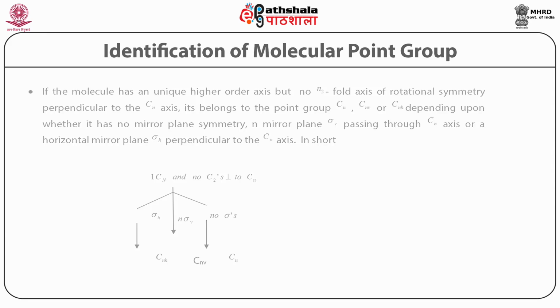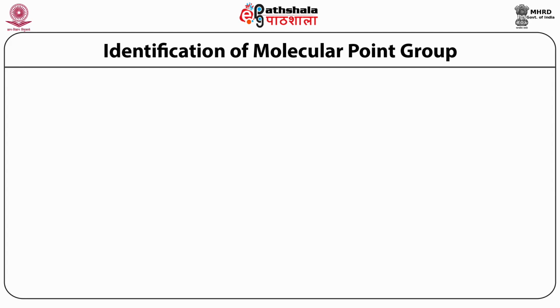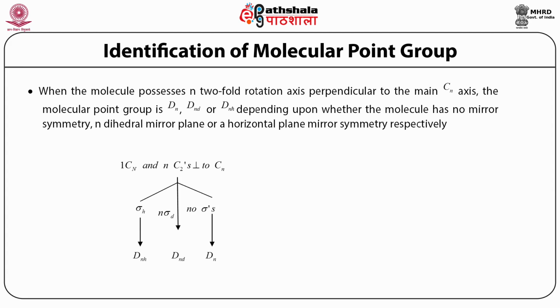Cnh. Now, if over and above this principal Cn axis, the molecule also possesses a twofold rotation axis perpendicular to this principal axis, then the molecule can belong to the point group Dn, Dnd or Dnh, depending upon whether the molecule has no mirror symmetry, in which case the group is Dn.